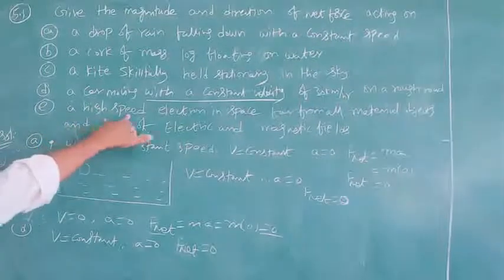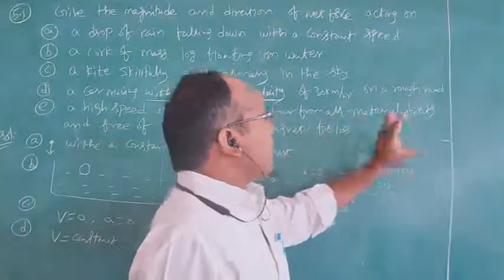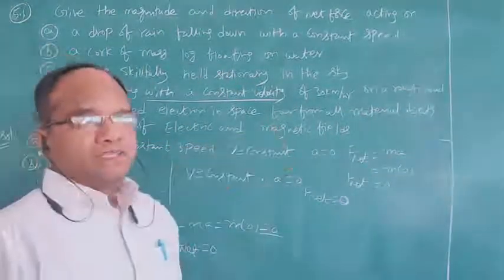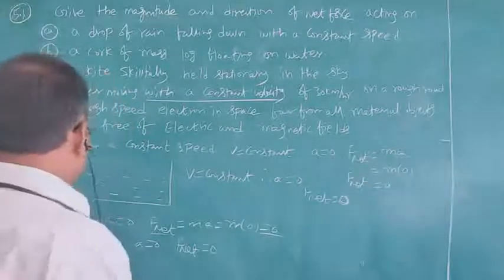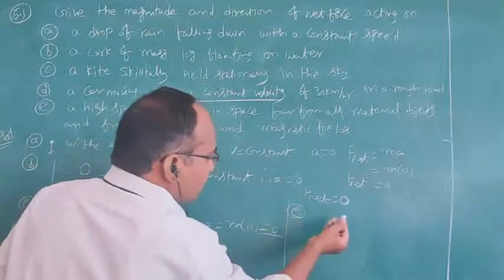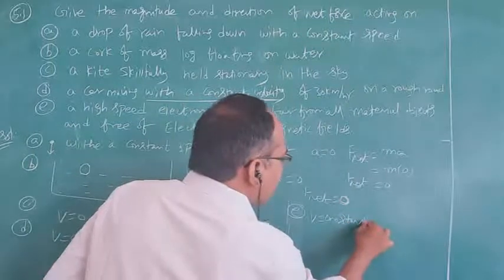A high speed electron in space, far from all material objects and free of electric and magnetic fields. They are very free, means they are moving with a constant speed. So what is the value? They are moving with a constant speed means here also V is equal to what? Constant. Why am I getting constant?